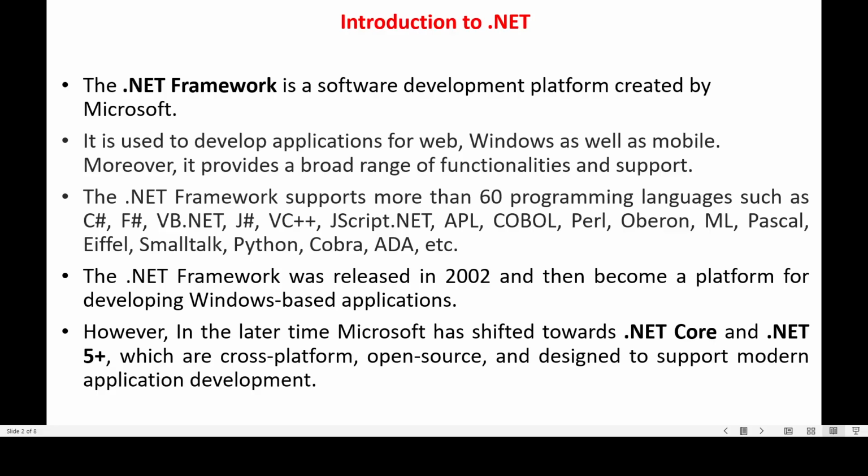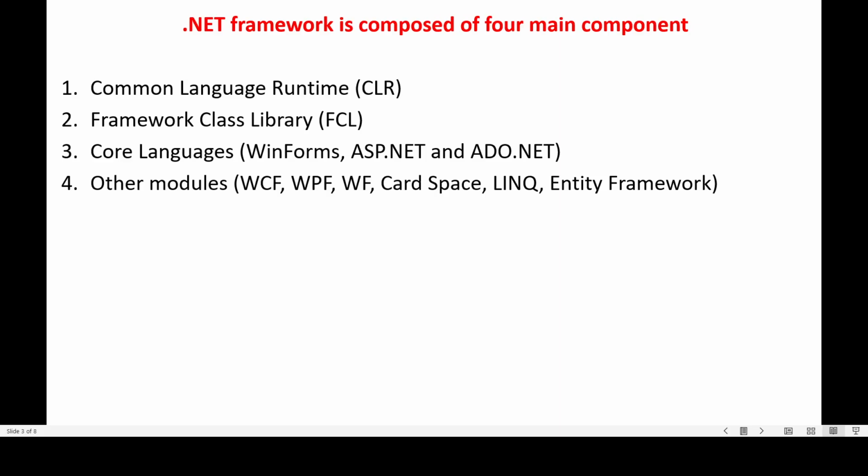Okay, the next part is the components of the .NET Framework. There are four main components of the .NET Framework. The first one is the Common Language Runtime, that is CLR. The second one is the Framework Class Library, FCL. Then the core languages and other modules, which contain sub-components also.